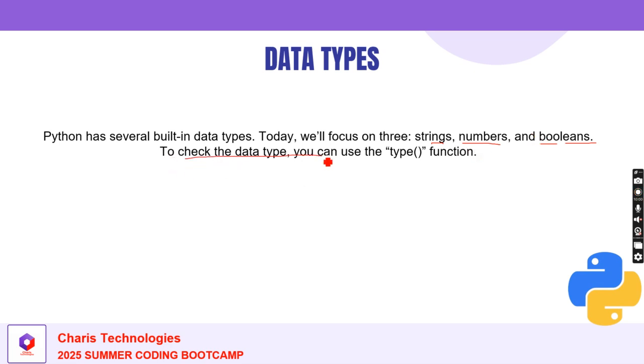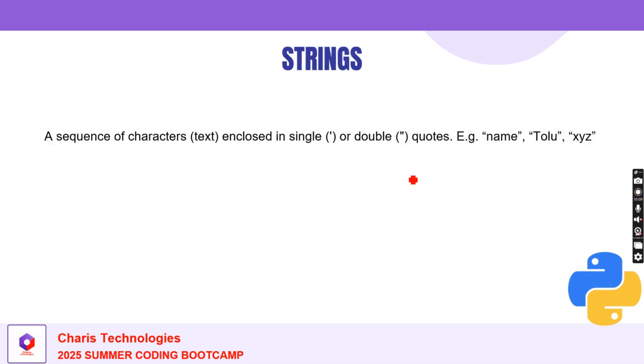Now to check the data type, you can use the type function. We are going to do this also. You can use the type function to check your data type. Right? Now, what are strings? Strings are sequences of characters enclosed in single or double quotes. So like name, Tolu, XYZ. Those are strings.